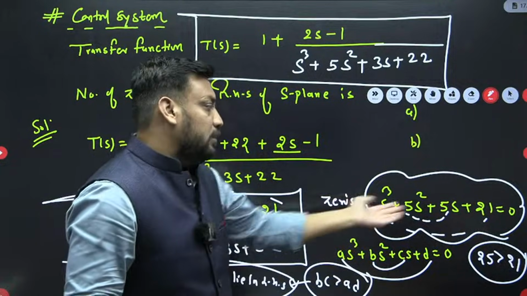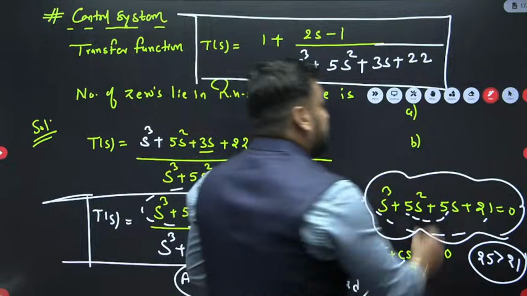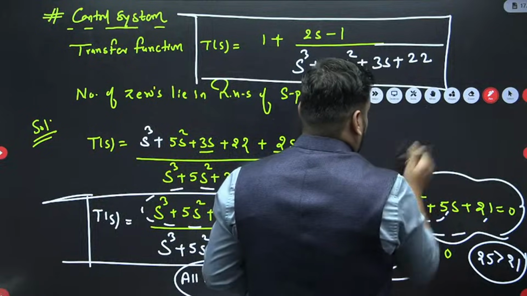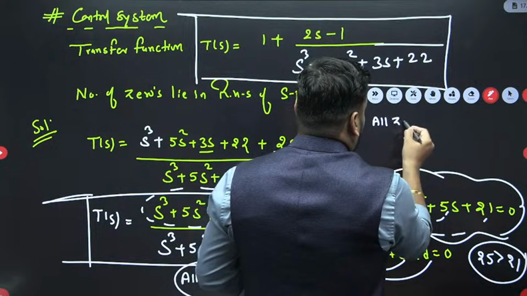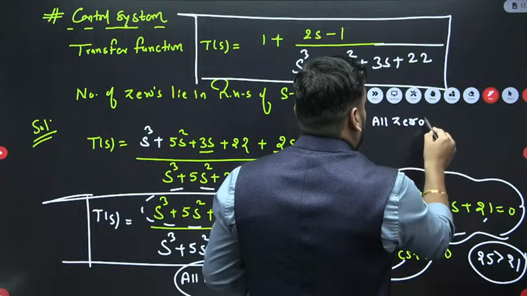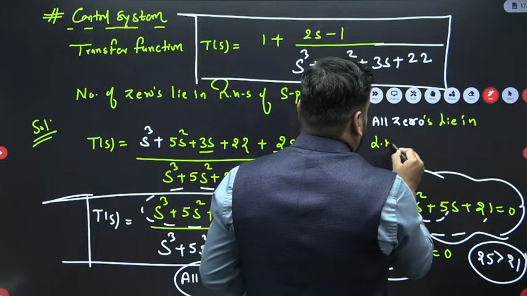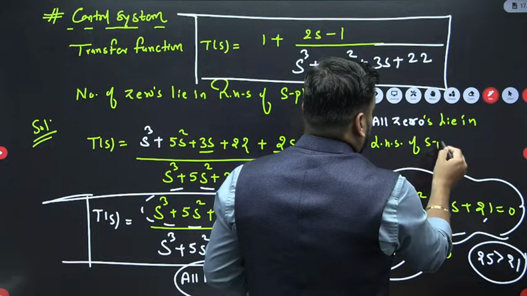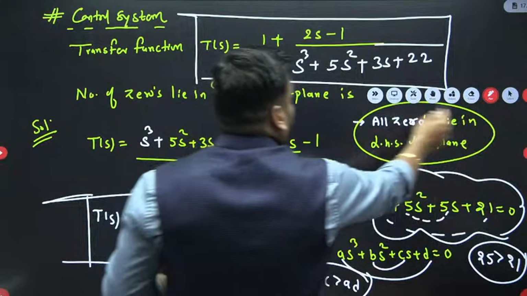Here a, b, c, d are all positive and bc is greater than ad, which means all three zeros lie in the left half of the S-plane. It means no zero lies in the RHS.